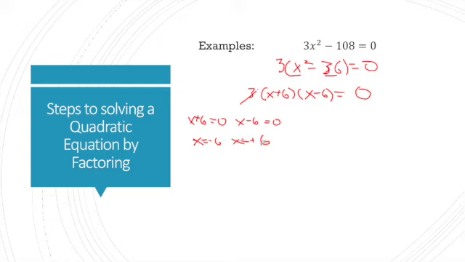And if you go through and check your answers, both of these are in our solution set. And remember, we check our answers by substituting negative 6 back in for x into our original equation.